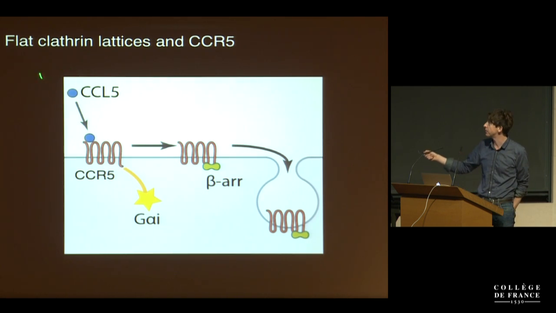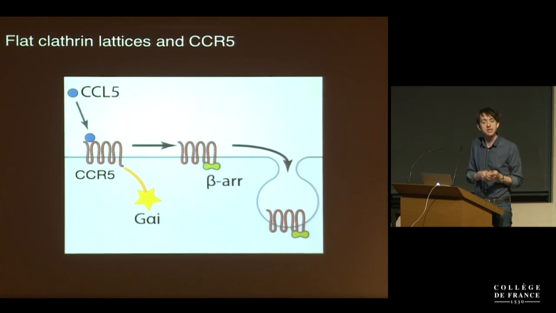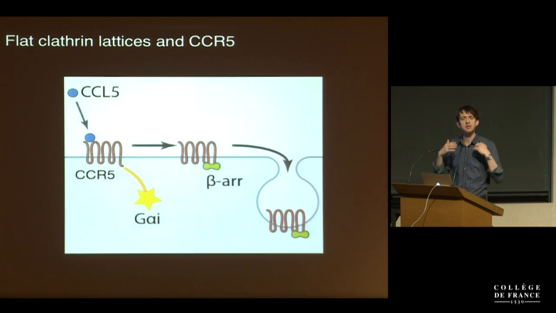And upon addition of one of its ligands, it initiates G-alpha I signaling and then recruits beta-arrestin, which sequesters CCR5 into clathrin structures for endocytosis. And this is how the cell surface level and signaling of this receptor is regulated.